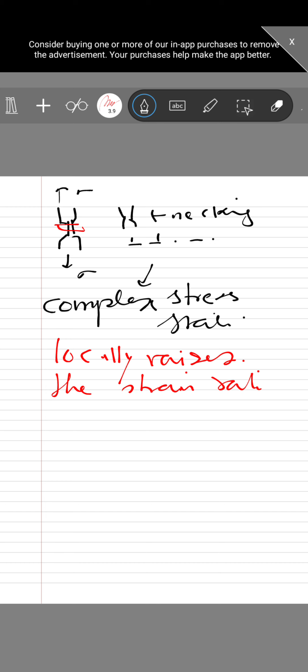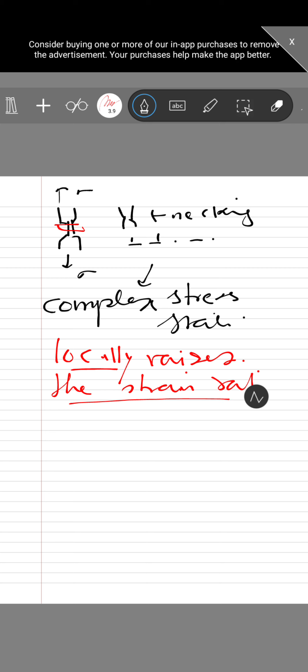So initially the increased temperature caused a decrease in strain rate, so that caused easier necking. However, this necking caused a local rise in the strain rate.